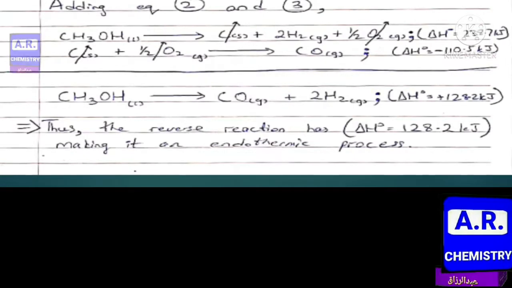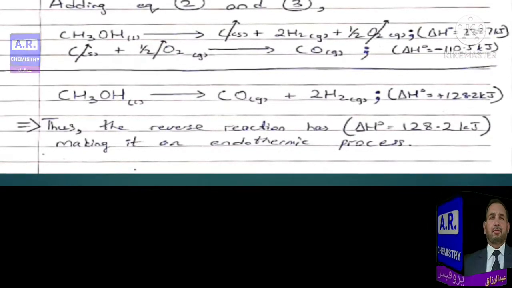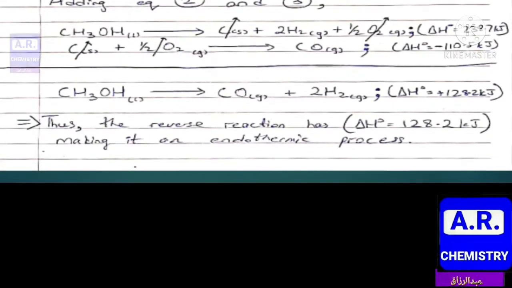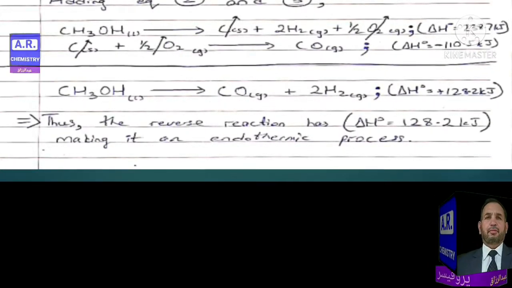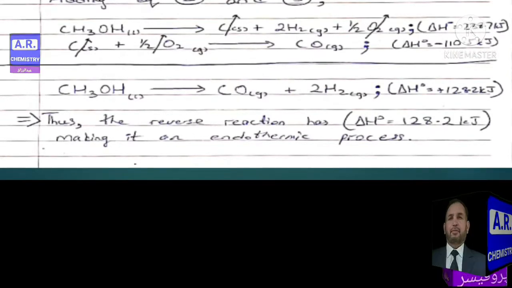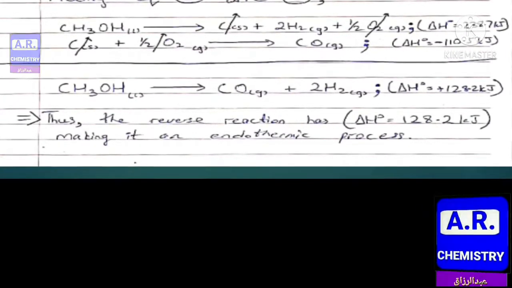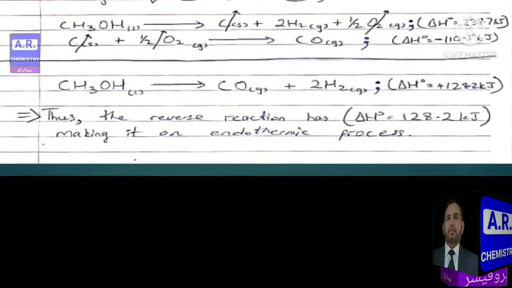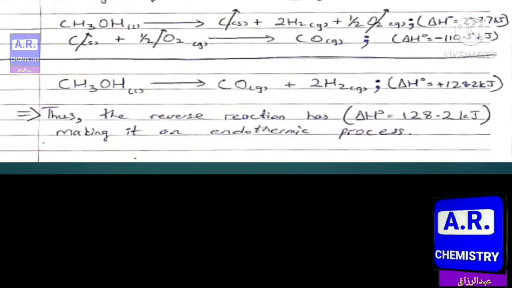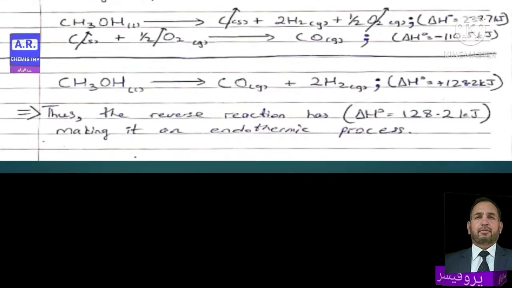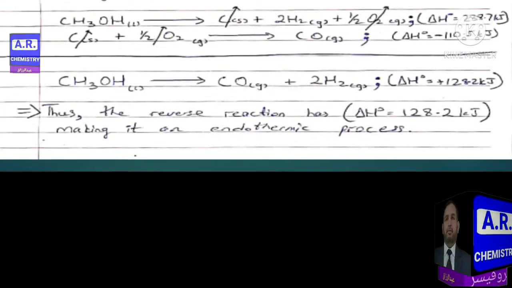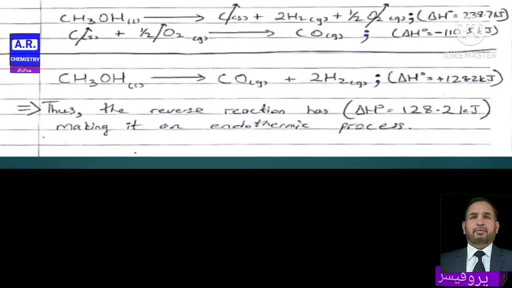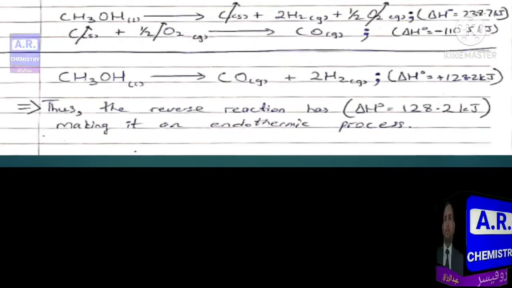And after manipulating the equations, you can reach the target equation. I have not reversed this equation at the very initial stage, because it may create some confusion among the students. So I started directly, keeping in mind that methanol should be on the reactant side, because the reverse of the given equation has methanol on the product side.